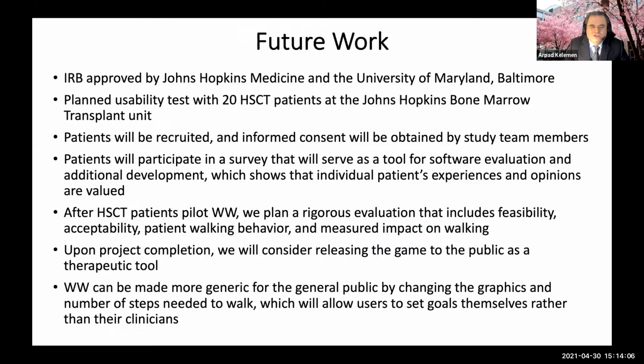So in conclusion, and for near-term future work, of course, we would like to finish this current stage of bug fixing and get the software to a robust and stable stage when we feel comfortable to give it to the already IRB-approved study and recruit 20 patients from the Johns Hopkins bone marrow transplant unit.